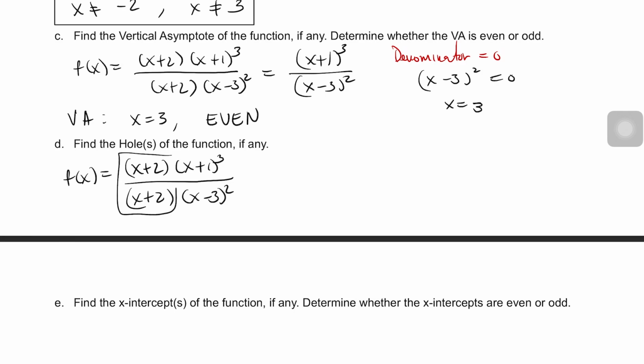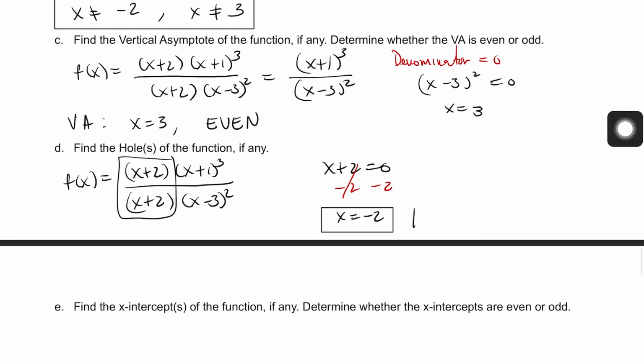So x plus 2 is set equal to 0 and solved. That's the hole of the function. That's where you will find it. This is at x equals negative 2, but we need to actually find it.